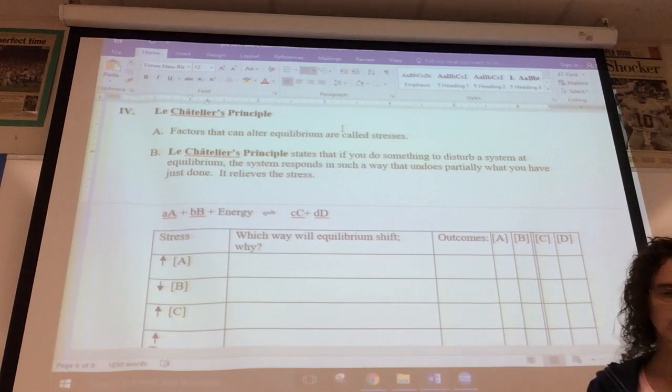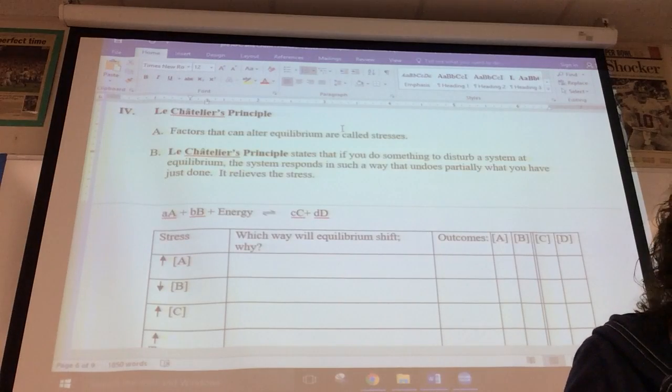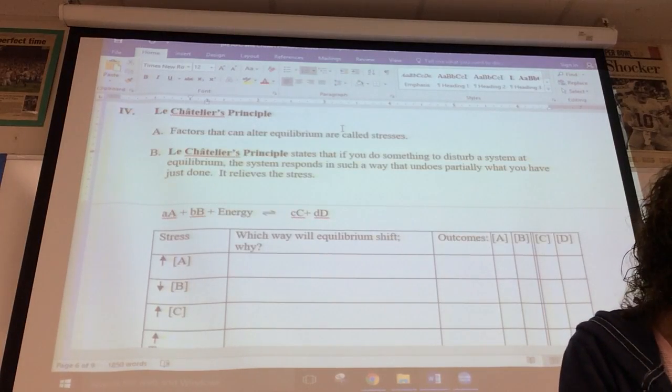So the factors that we're going to be looking at today, also known as stresses, which affect equilibrium, not to be confused with kinetics. Be careful here. That's where it gets tricky, the two chapters together.